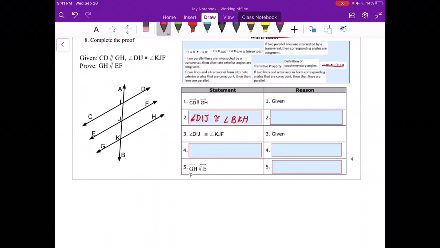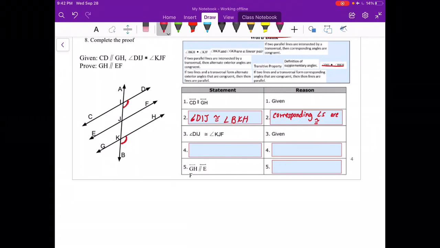Now, the reason that DIJ, this angle right here, is congruent to angle BKH right here is because these are two corresponding angles. So our reason is going to be that corresponding angles are congruent.